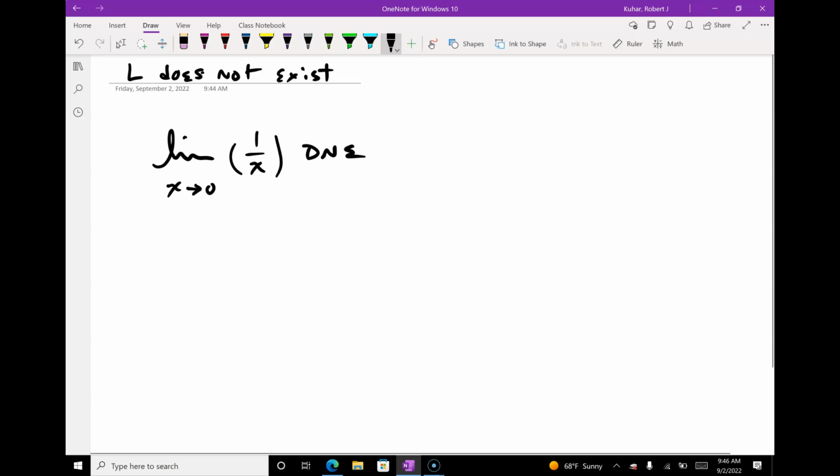All right, there are 3 times a limit fails to exist, and the first is a jump discontinuity. Continuity should be obvious. Something that's continuous has got like a nice little roller coaster ride, right?